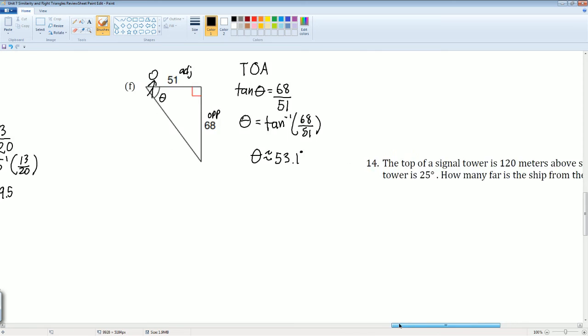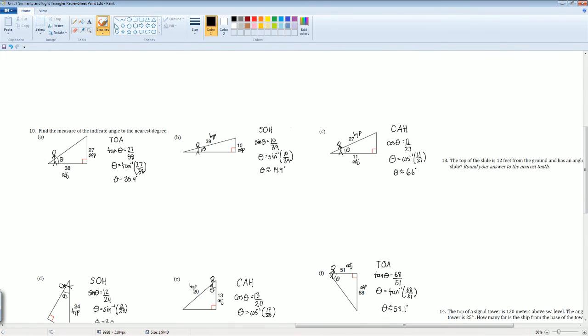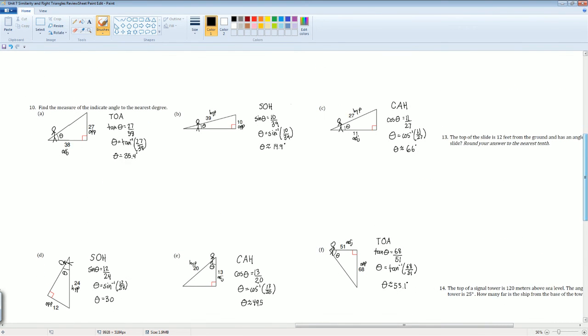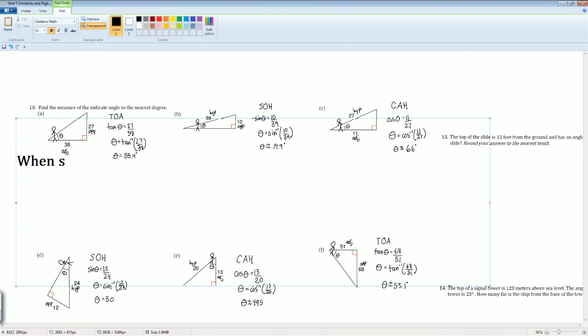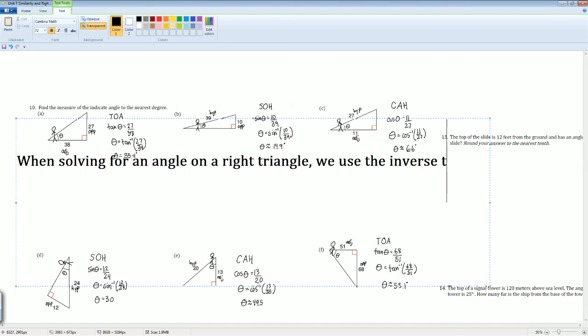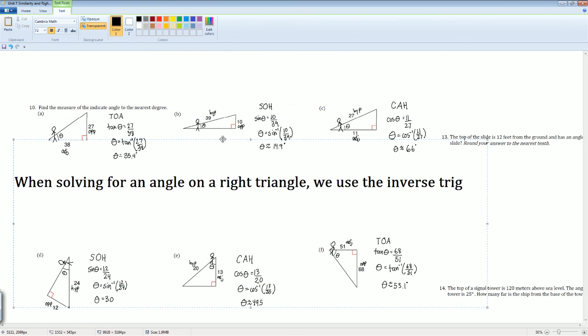Just letting you know that when we did number 10, we were solving for the angle. So I can write here, when solving for an angle on a right triangle, we use the inverse trig ratio.